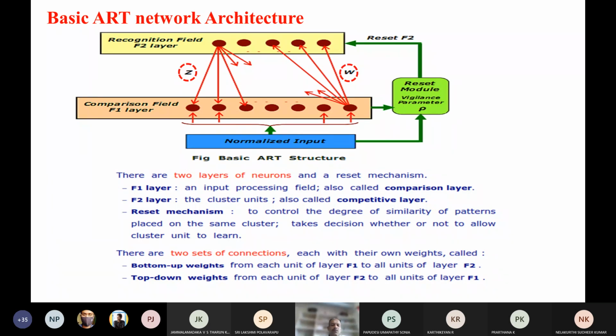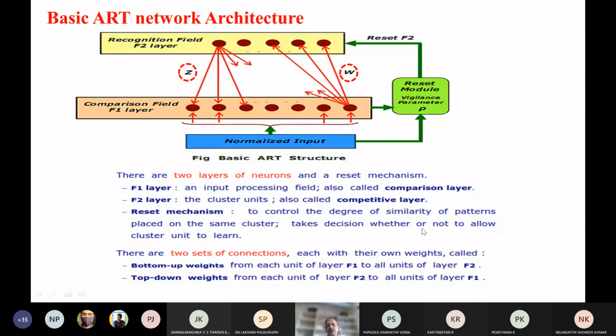One is the F1 layer, an input processing field called the comparison layer, and the F2 layer is considered the cluster units, where I try to group into either group 1 or group 2 or group 3 or group 4 or group n. The cluster units are also called the competitive layer or recognition field. Then there is the reset mechanism, that is, the reset module.